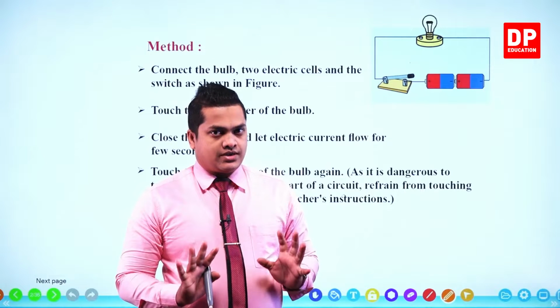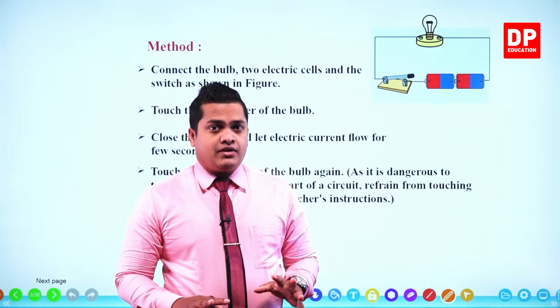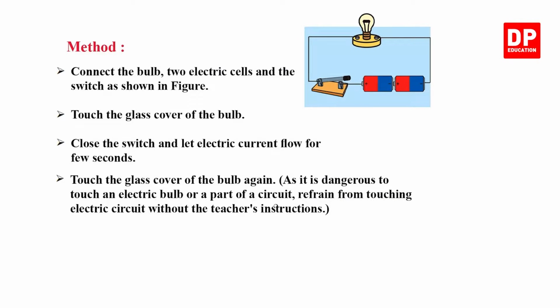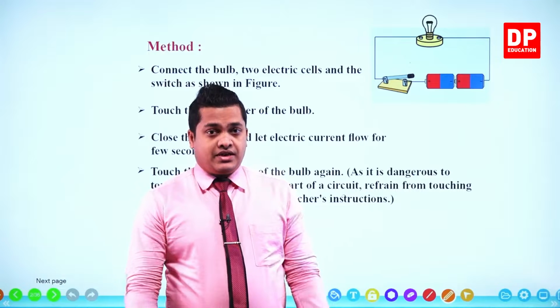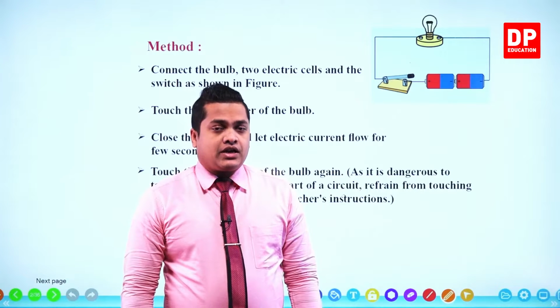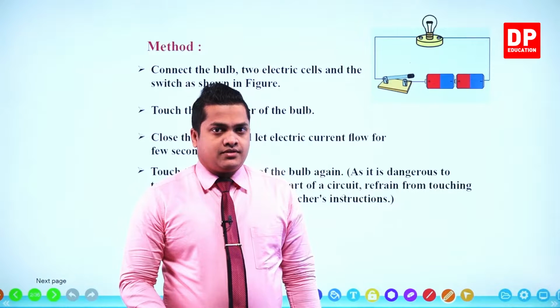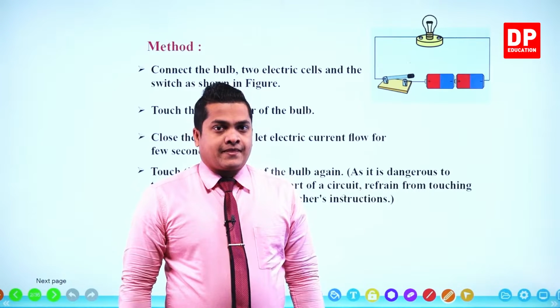Filament bulbs extremely heat up, and that's why they emit light energy. It's not wise to touch things which get heated quite fast.